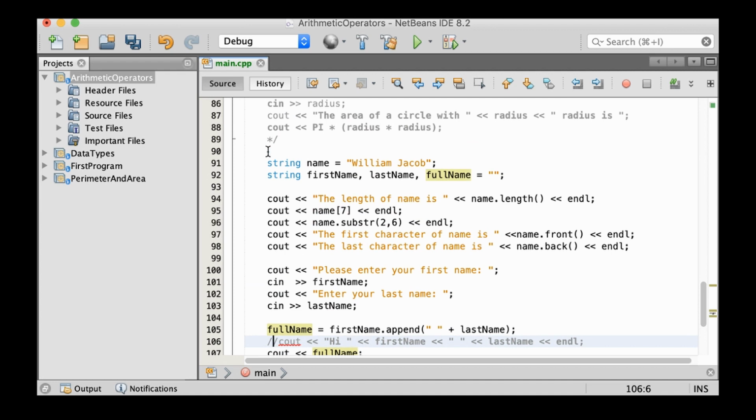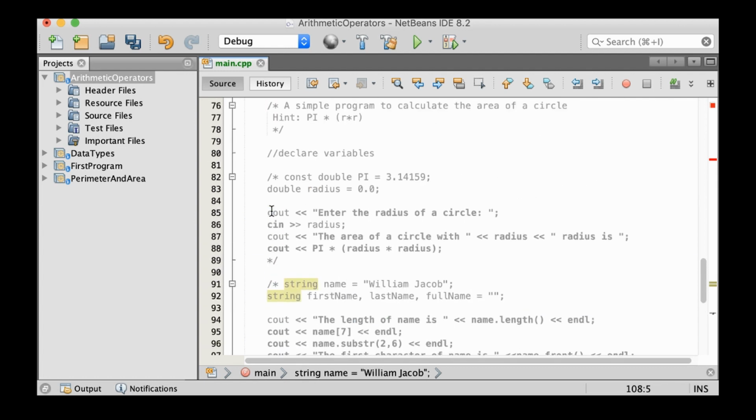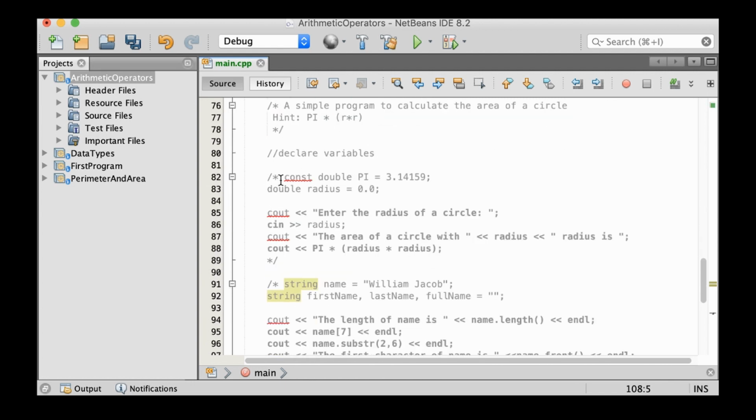Let me block comment the whole thing, and we come over to this side. Okay, I've commented this one. Remember this code that we wrote to calculate the area of a circle.